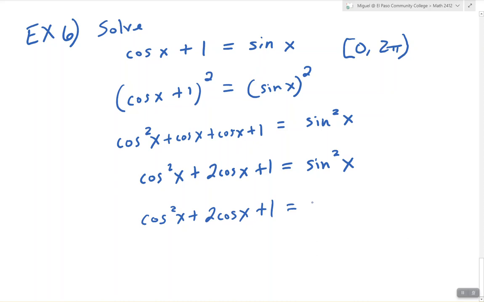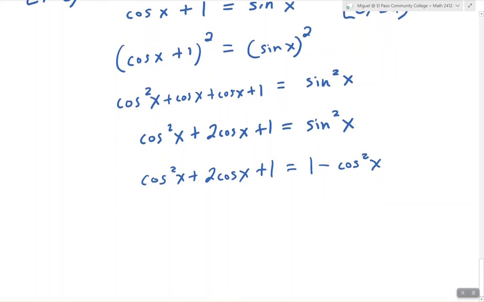That's going to be over here on the right. That's from our Pythagorean identity, sine squared plus cosine squared equals 1, so we can move it around to replace the sine squared. Now we have all constants and cosines, so let's move everything together to the left.